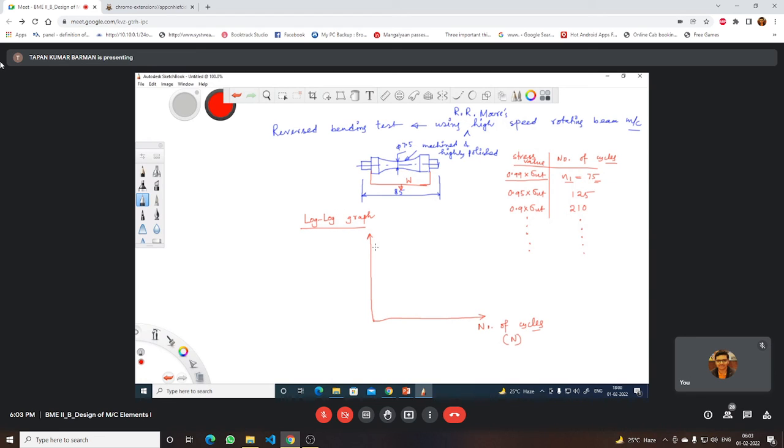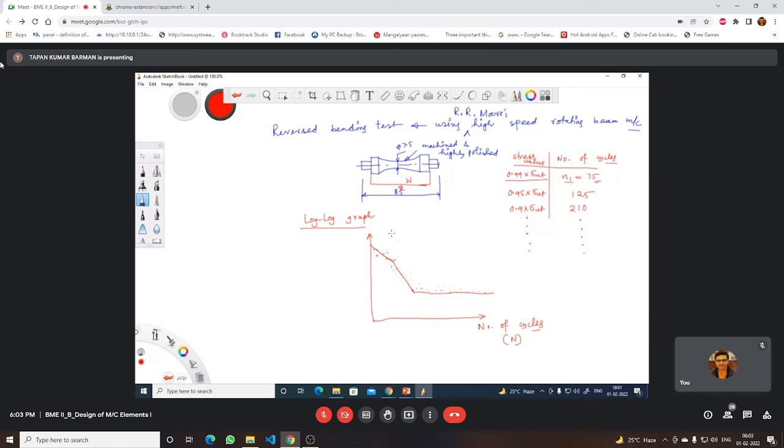Now we will definitely get some points like this, and through these we have to draw one line, say this one, then this one, and the third one is like this.